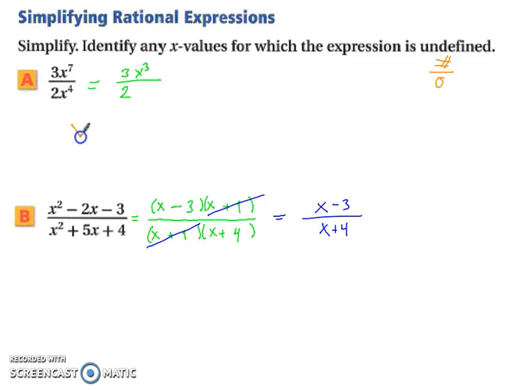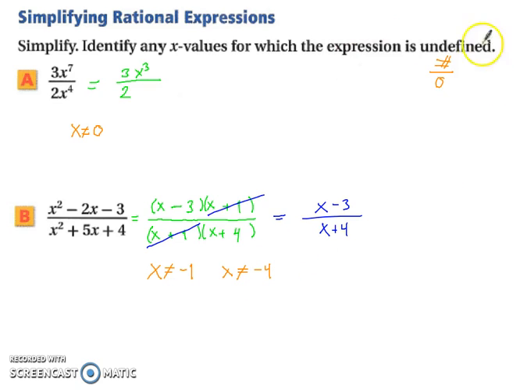Well, x cannot equal 0 in this. Let's look at B. So we had x plus 1 and x plus 4. So therefore, before we cross anything out here, we notice that x can't be equal to negative 1, and x cannot be equal to negative 4, because that would make it undefined.